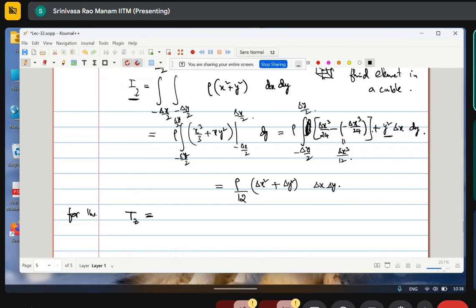For the cube, I think we are doing only for the cube. Full cube, basically, what you have here is rho by 12 into delta x square plus delta y square. See, you try to do it for the z direction.